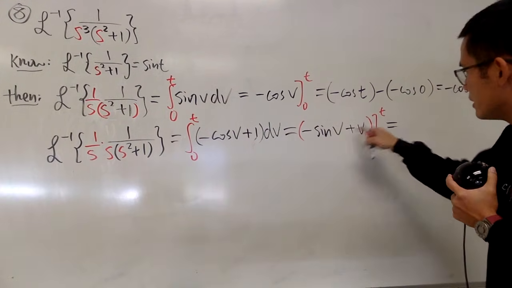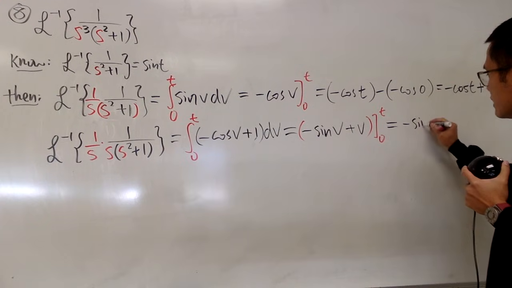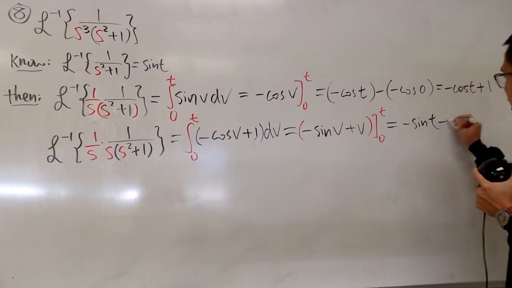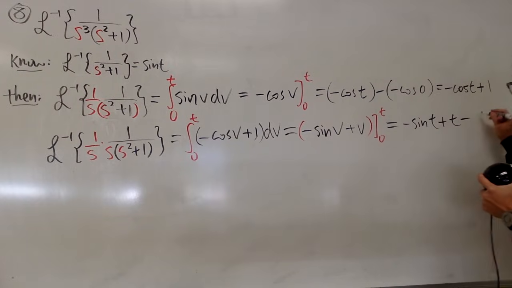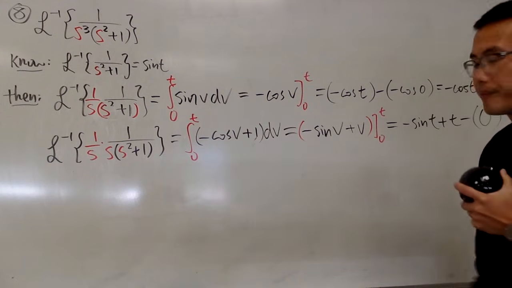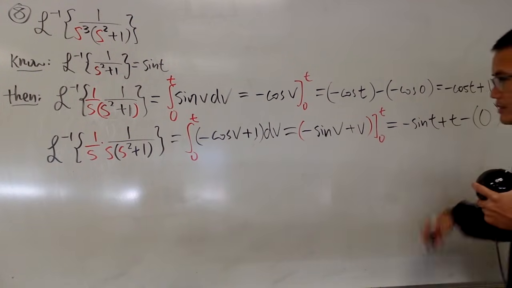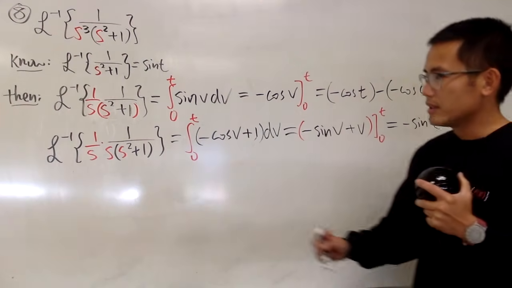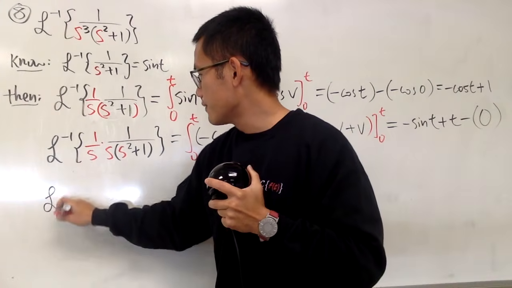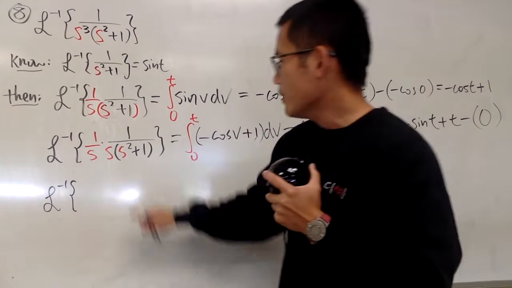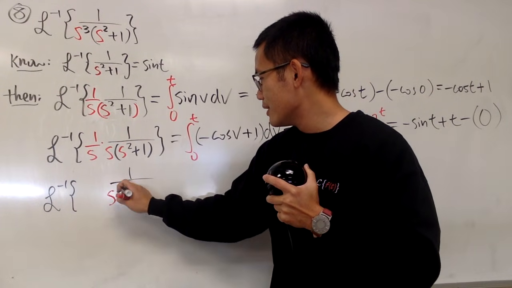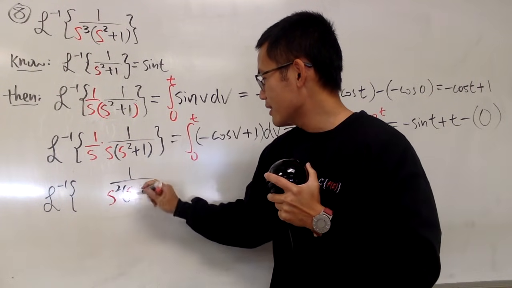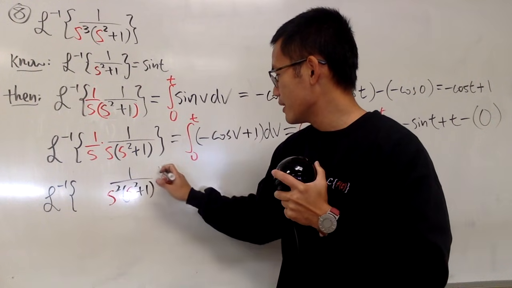Plugging in t, we get negative sine t plus t. Plugging in 0 is just minus 0, so that's just 0, and that's pretty much the answer. The last one here is going to be the inverse Laplace of 1 over s squared times s squared plus 1.